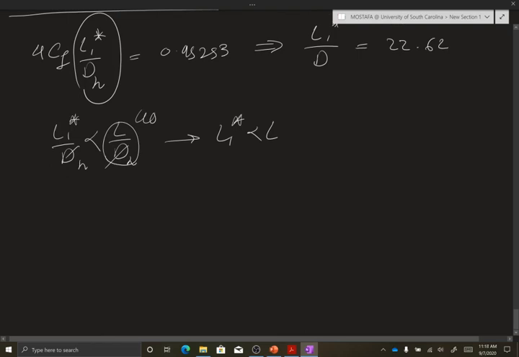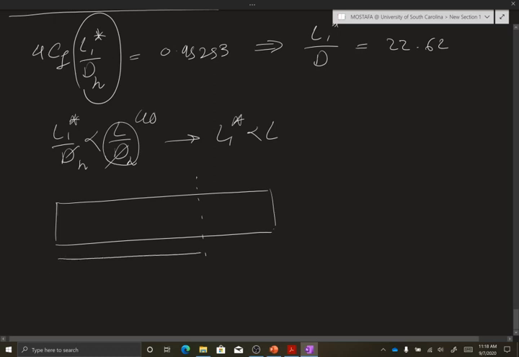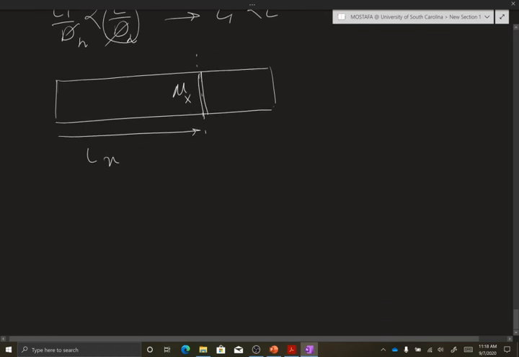Okay, so what do we need to do? We need to find the location of this normal shock, right? The idea is this normal shock happens somewhere at Lx. We have to guess the value of the Mach number just downstream of this shock wave. Okay, which is called Mx. Let's assume Mx is equal to 1.5.